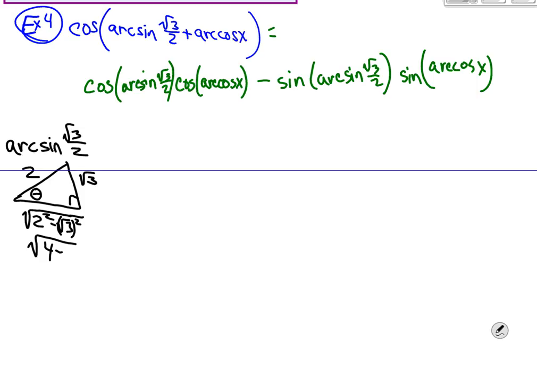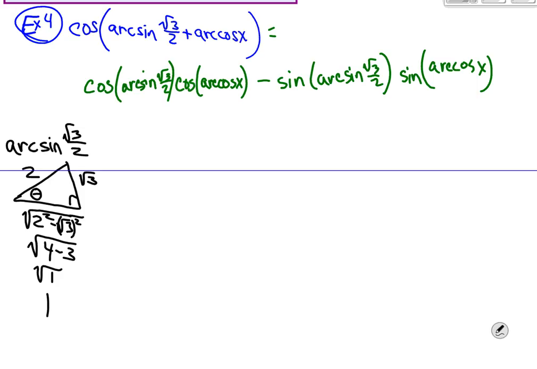Square root of 3 squared is 3. So this is the square root of 1, or just 1. And maybe you also know that that angle is pi over 3? That's fine, and we could do it that way, but I'm doing it this way because I don't know this angle, and I'm never going to know this angle. So I want to just think about it in that way.